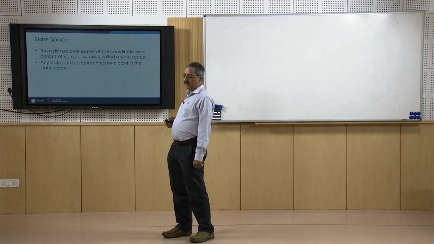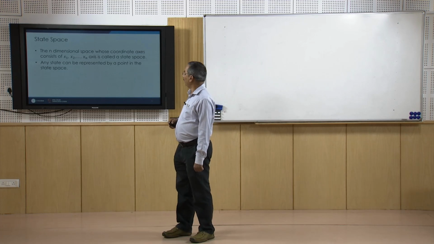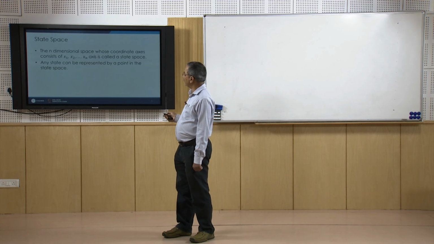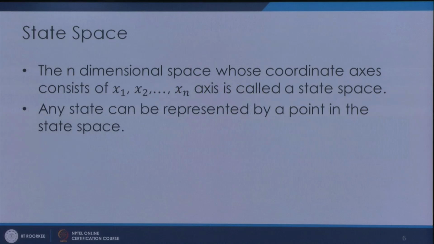Now, state space is basically a mathematical concept: it is an n dimensional space whose coordinate axes consist of x1, x2, ..., xn, and this is called the state space, and any state can be represented by a point in the state space.